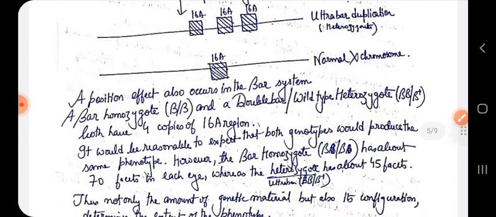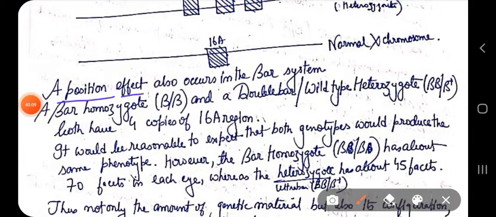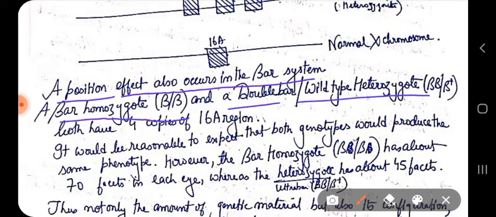Okay, a position effect. It has also been said that a position effect also occurs in the bar system. A bar homozygote and double bar, or you can say wild type heterozygote, both have 4 copies of the 16A region. So those who have this double bar feature, or this bar homozygote, that means in both the chromosomes the bar feature is present, can have these 4 copies of the 16A region.